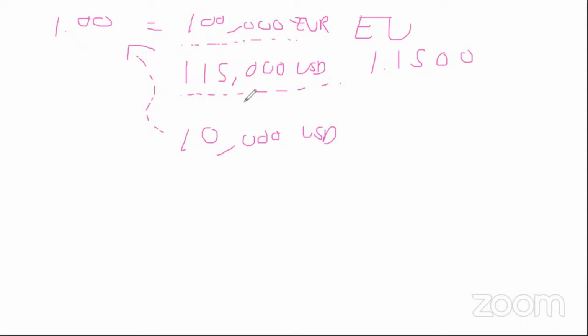Ano pa naman yan? Kumbaga, pinapakita ko lang sa inyo kung gaano kalaki yung tinitrade nyo ng one lot. So, if you trade, sabihin natin 0.1, which is around $1 per pip, ang tinitrade mo dyan actually is only 10,000 units lang. Hindi yan 100,000 units.